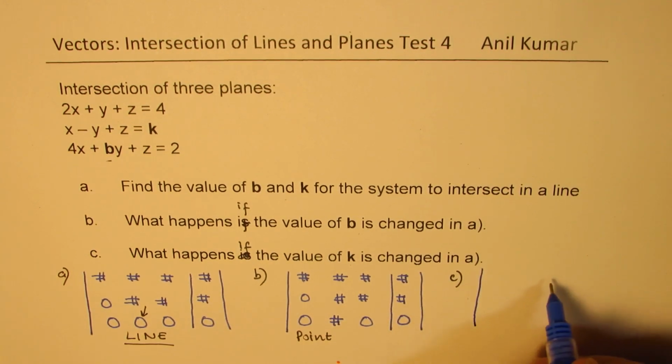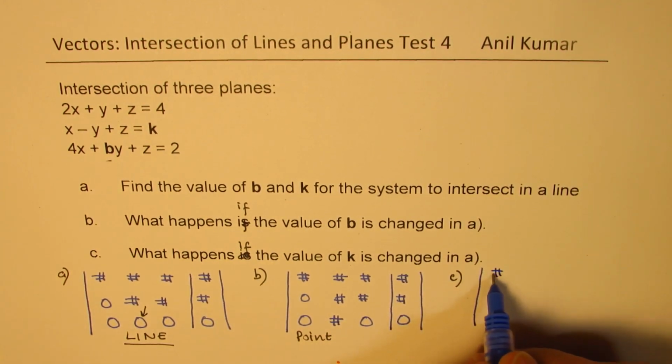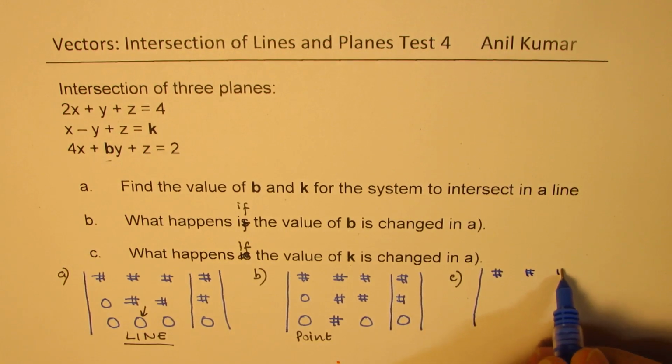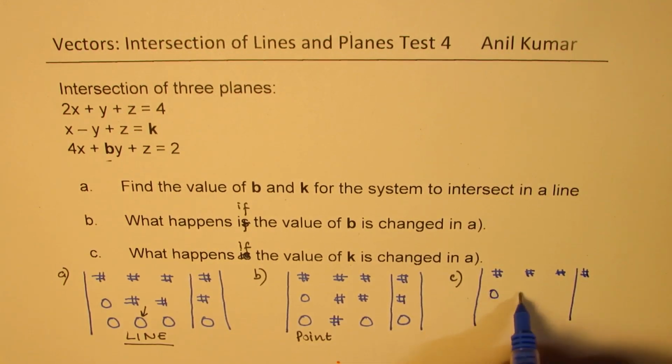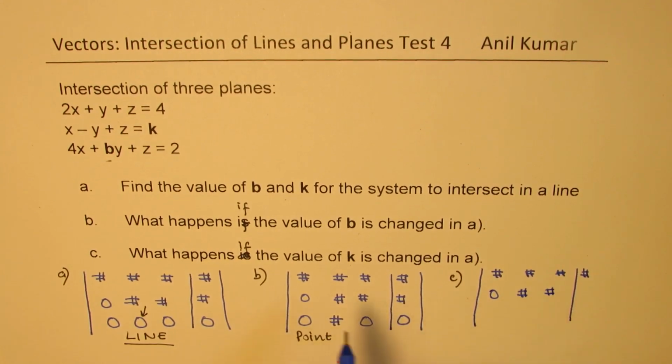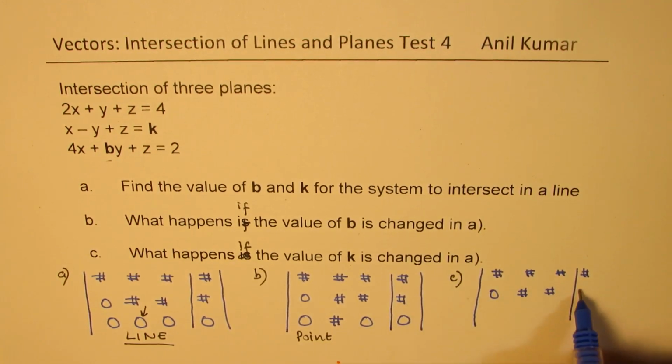Then see what happens. So we'll have a situation which could be something like this. So we change the value of k. That means this value is something different, right? So basically, it will be some other point in that case.